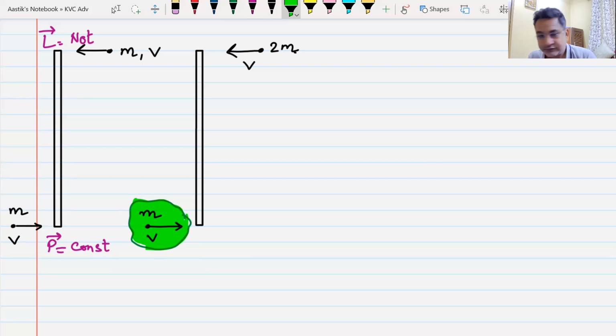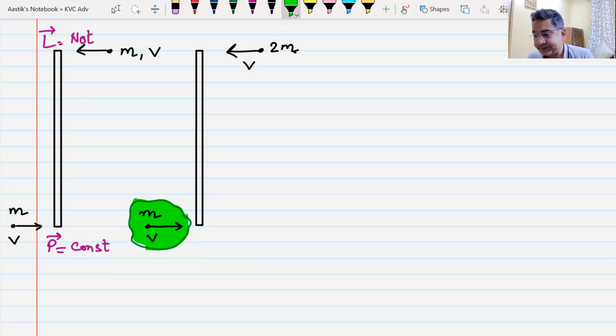Is the momentum of this green ball conserved? Yes, sir. Before the collision and after the collision, momentum is conserved for this green ball. The ball is going to collide with the rod. Before the collision and after the collision, is the momentum of this ball conserved?